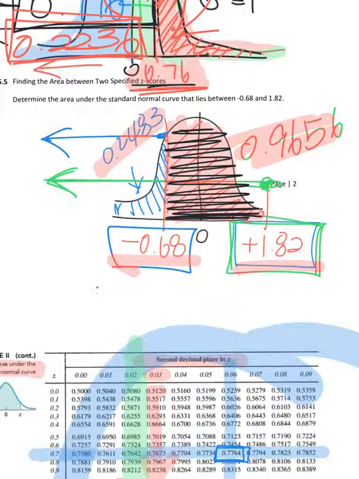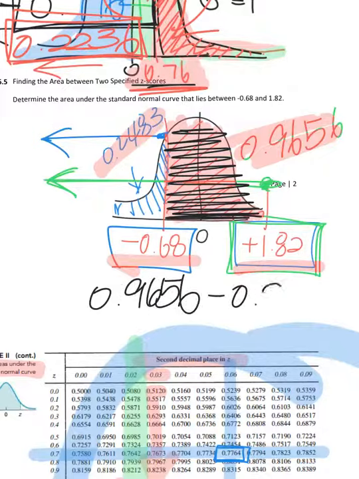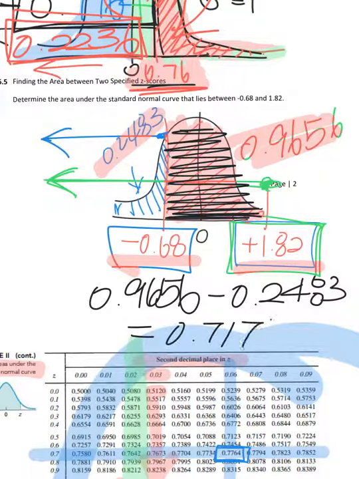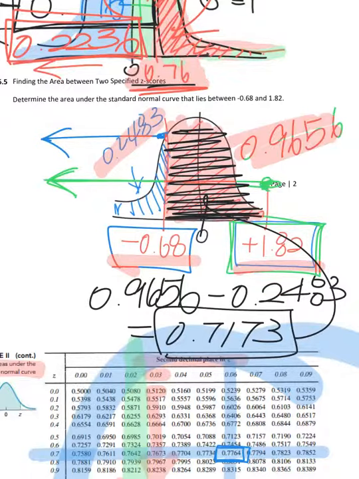So take the bigger one, 0.9656, minus the smaller one, 0.2483. So how much will be the difference? 0.7173. 0.7173 will be the probability in the middle between the two z-scores.